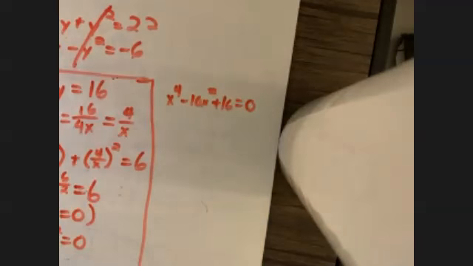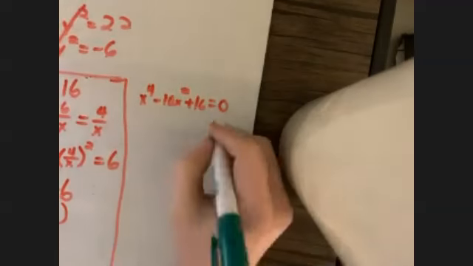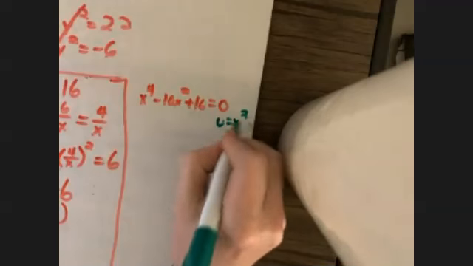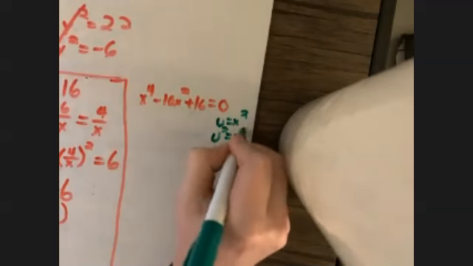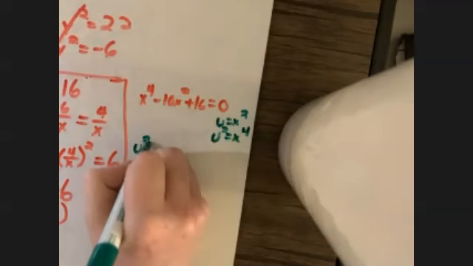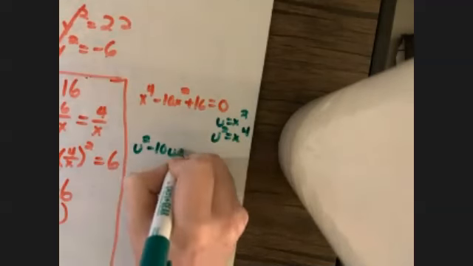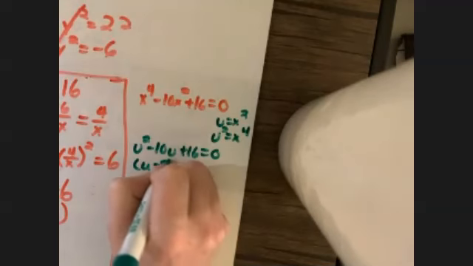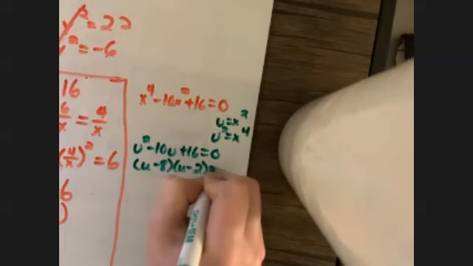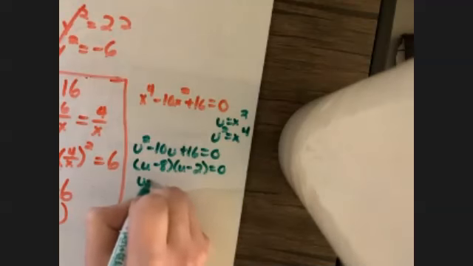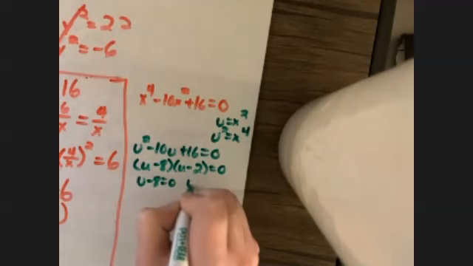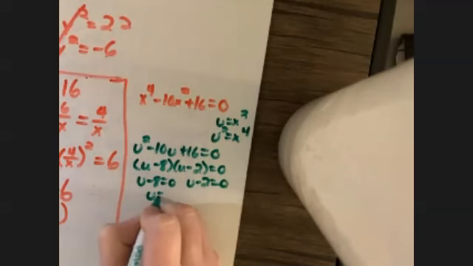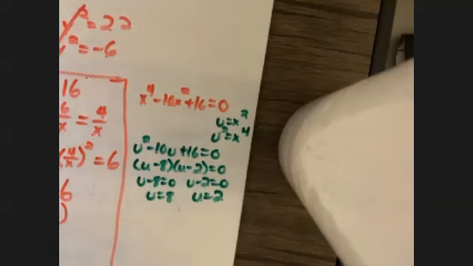Now, I'm going to do a replacement. We've done replacements before. I'm going to let u be x squared, which means u squared is x to the fourth. So this is now u squared minus 10u plus 16 equals 0. That'll factor to u minus 8, u minus 2. So we've got u minus 8 equals 0, u minus 2 equals 0, u is 8, u is 2, and now we'll back solve.